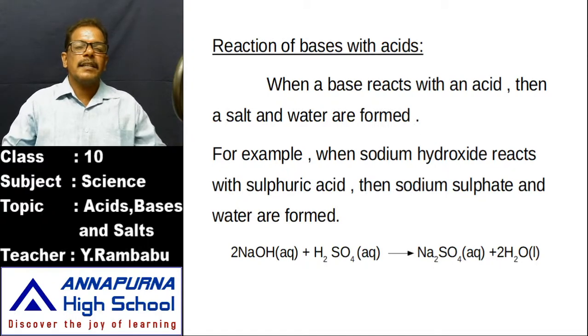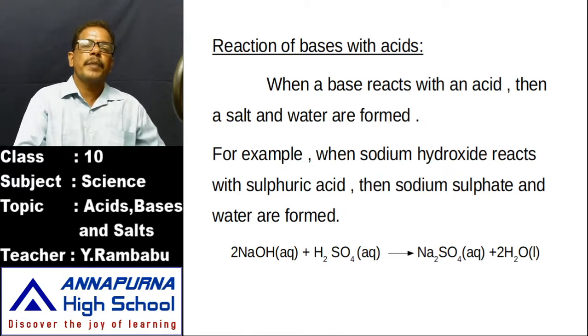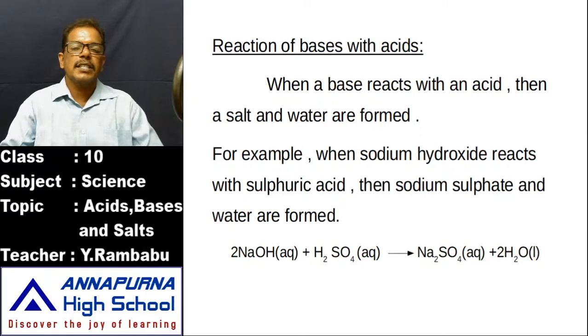If the basic nature of a substance increases, what do we need to neutralize it? Something opposite to a base. What is the substance opposite to a base? That is an acid. When an acid is added to a base, the two neutralize each other, and the corresponding salt and water are formed. That reaction is called a neutralization reaction.